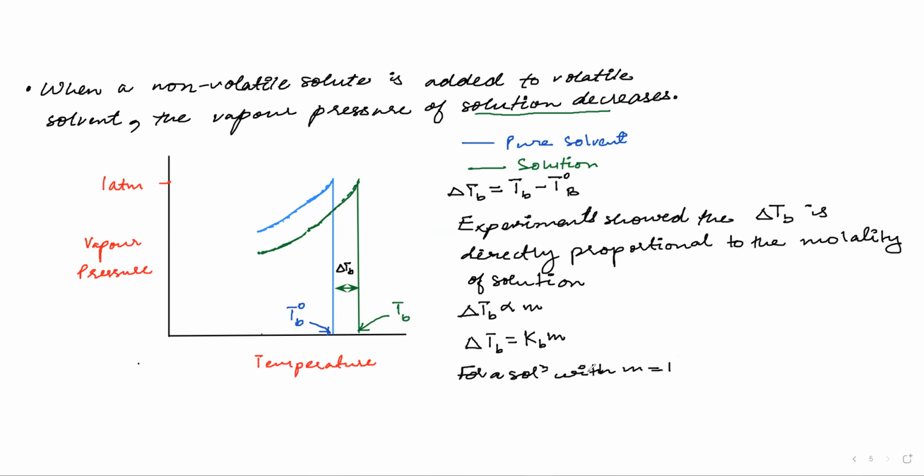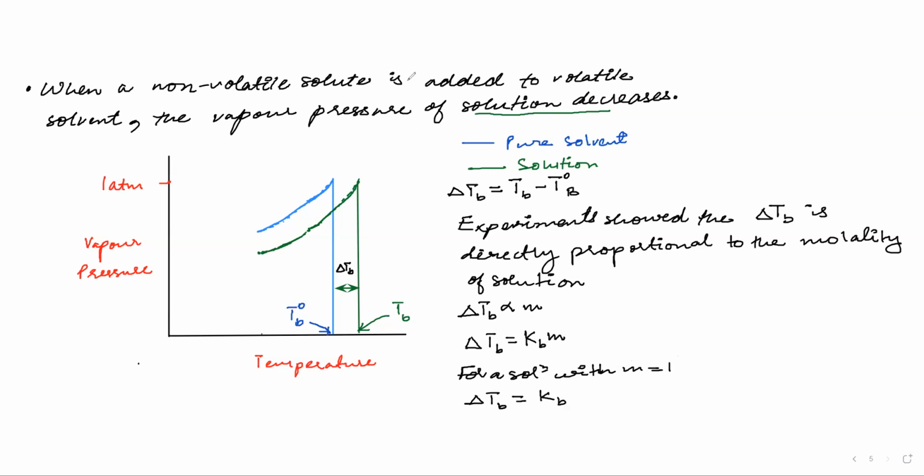Whenever you have to determine what a constant shows, put the variable on the side of the constant. So put m equal to 1, then you will know what KB is. For a solution with m equal to 1, delta TB will be equal to KB. So now we have defined KB.